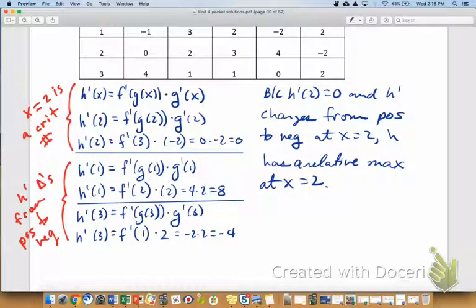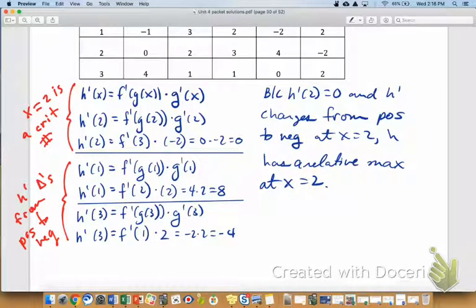Maybe you guys noticed that in the little explanation I said something about h only having one horizontal tangent. Why would it be so important to know that h has just one horizontal tangent? One critical point. Isn't it because of the way the table is set up? You basically have x values of 1, 2, and 3.